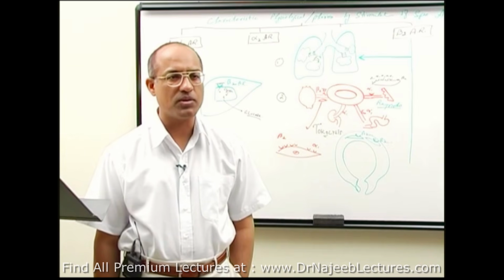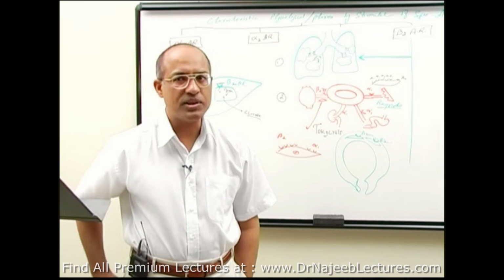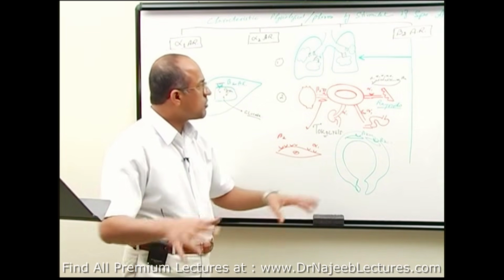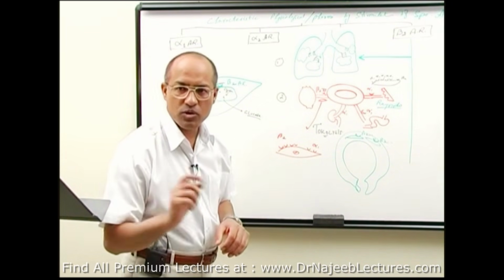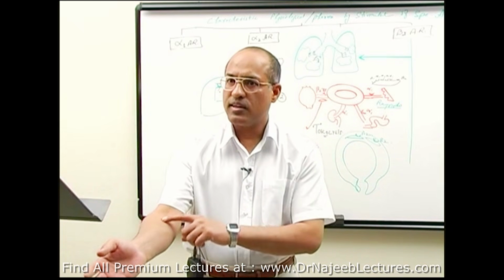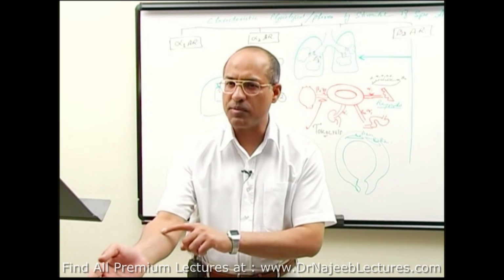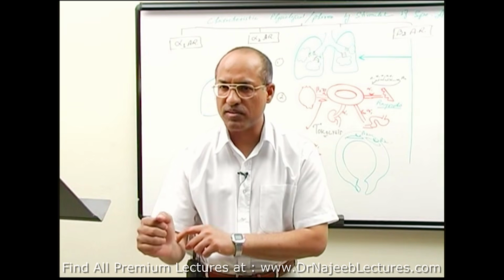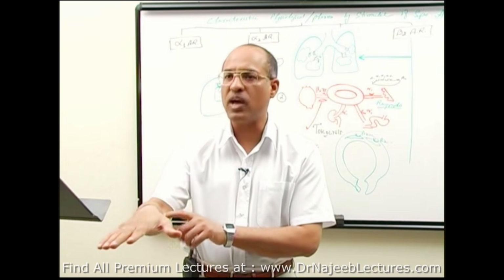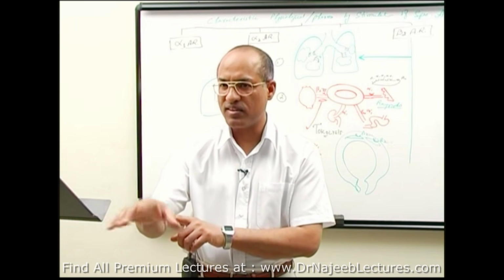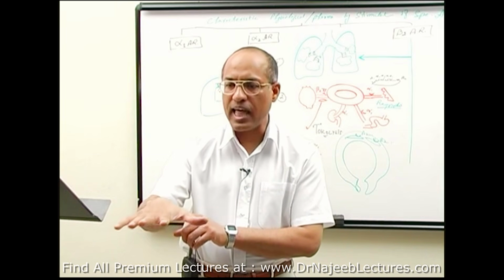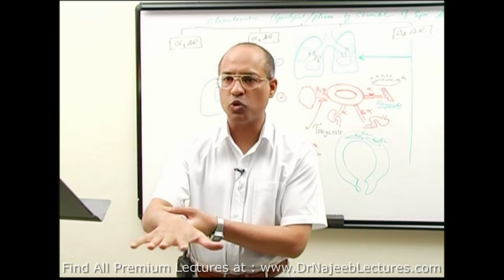Then one more thing about beta 2. We should talk about tremors. I told you in the last video lectures that there are intrafusal muscle fibers which have beta 2 receptors, and when beta 2 receptors are functioning well on the muscles, they help the muscles to keep their tone properly.